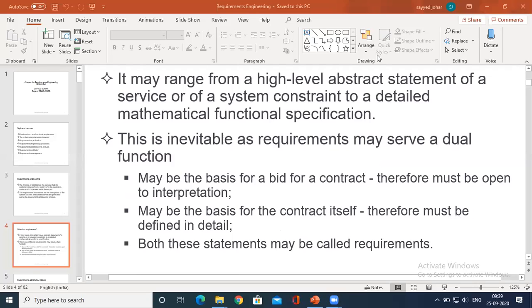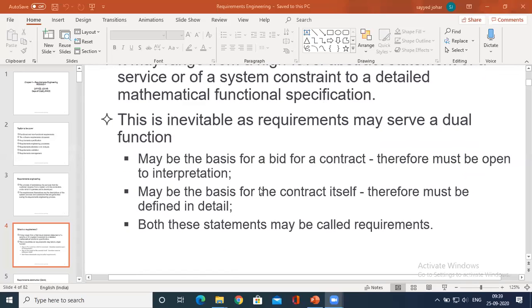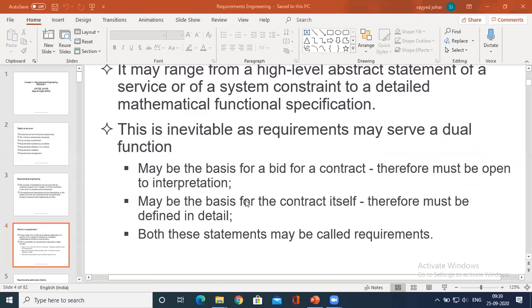In simple words, for your situation, if I tell you to write a program with certain conditions, that is the requirement. I say the input should be like this and the output should be like this. So how do you interpret it and proceed to write the program? That is called a requirement. In this case, both the statements may be called requirement.